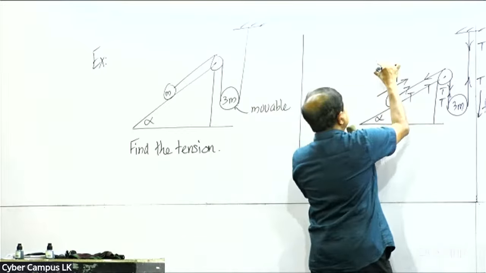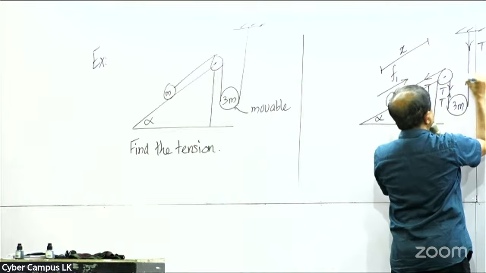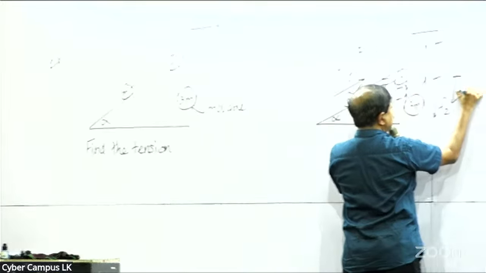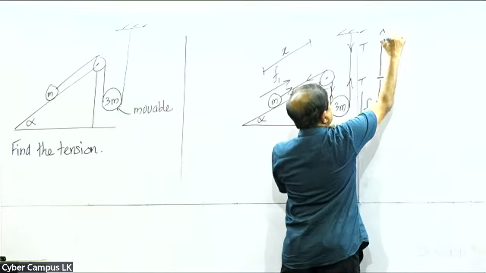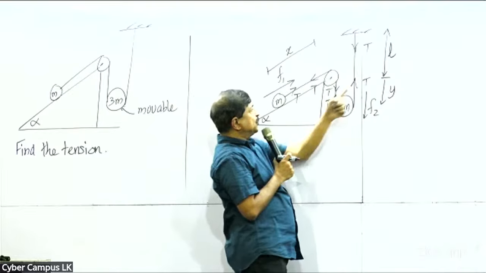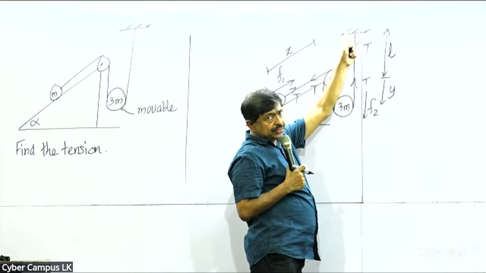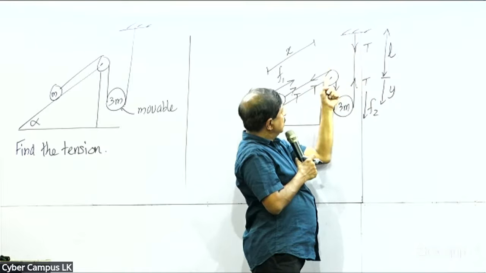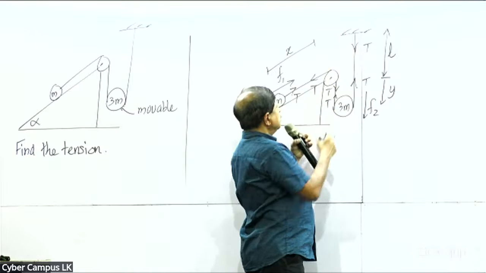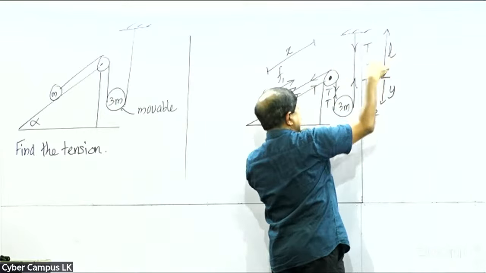So write these lengths: x, then take this length as y, take this length as L, and it is fixed. This fixed point, the ceiling, or the position of this pulley is also fixed. Therefore, this length is fixed.